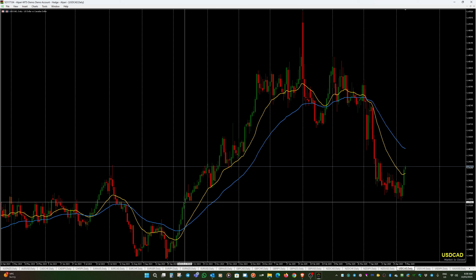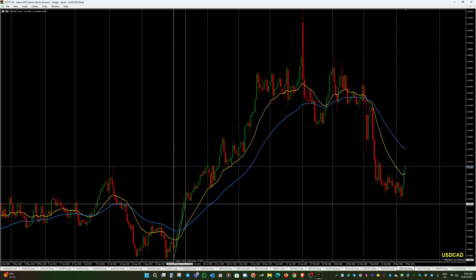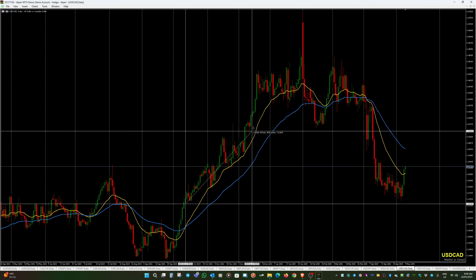Now in this case, the chart has actually moved a fair way before we got our entry. So that's a 300 pip stop loss there.